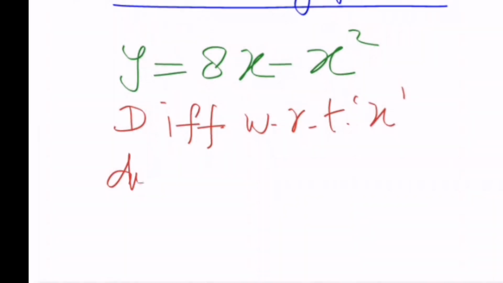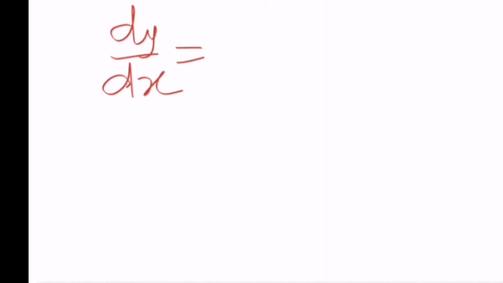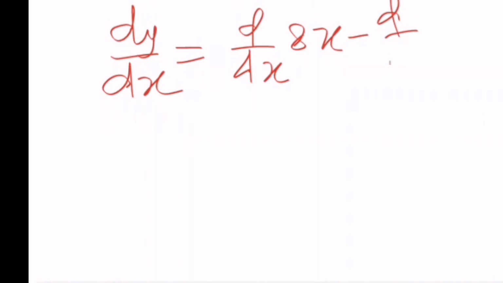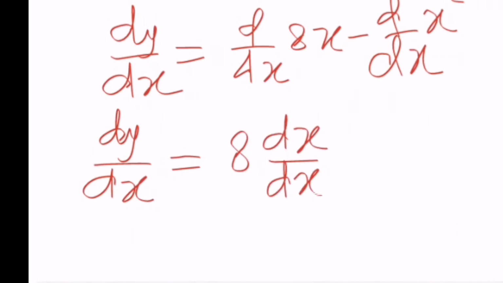If we differentiate, we have dy by dx equal to d by dx of 8x minus x squared. We bring d by dx outside, and d by dx applies on x.